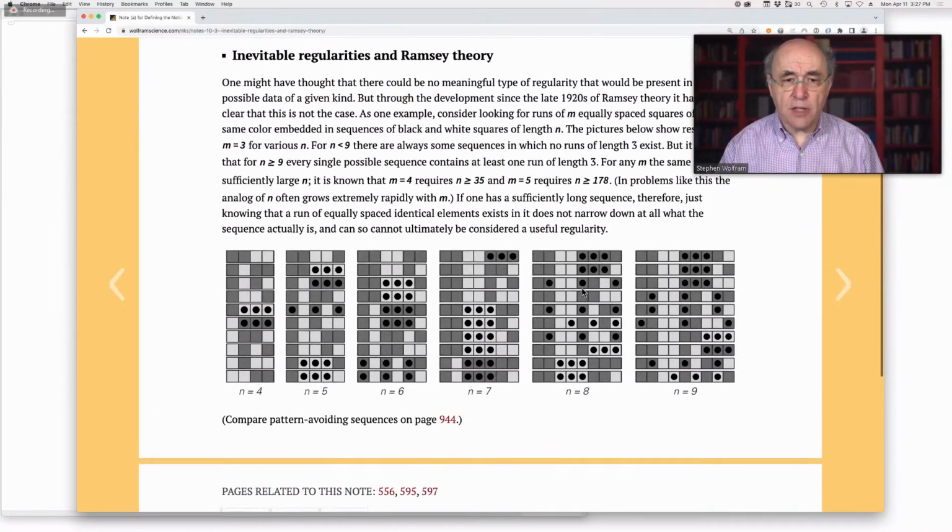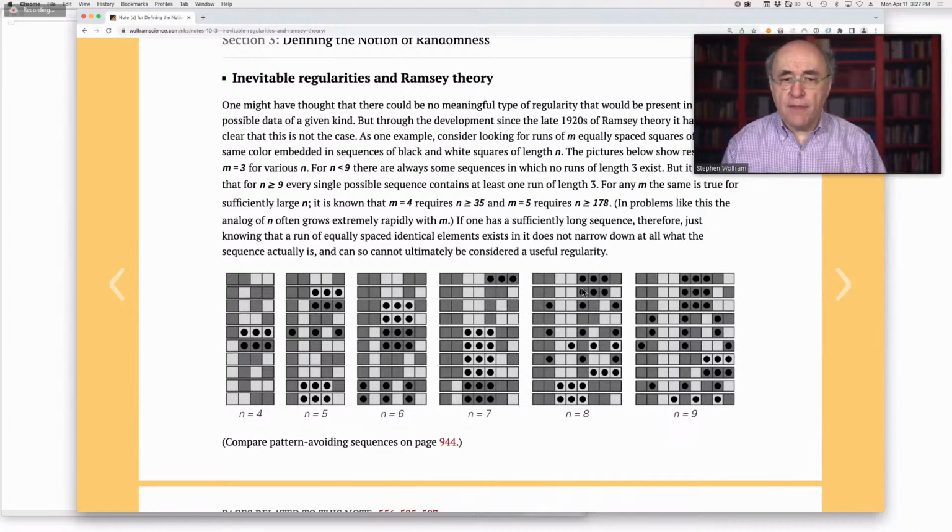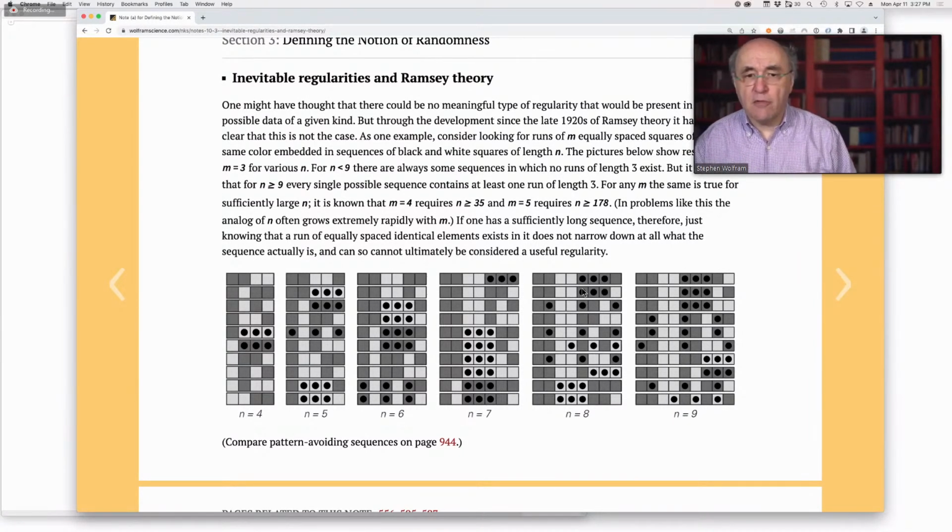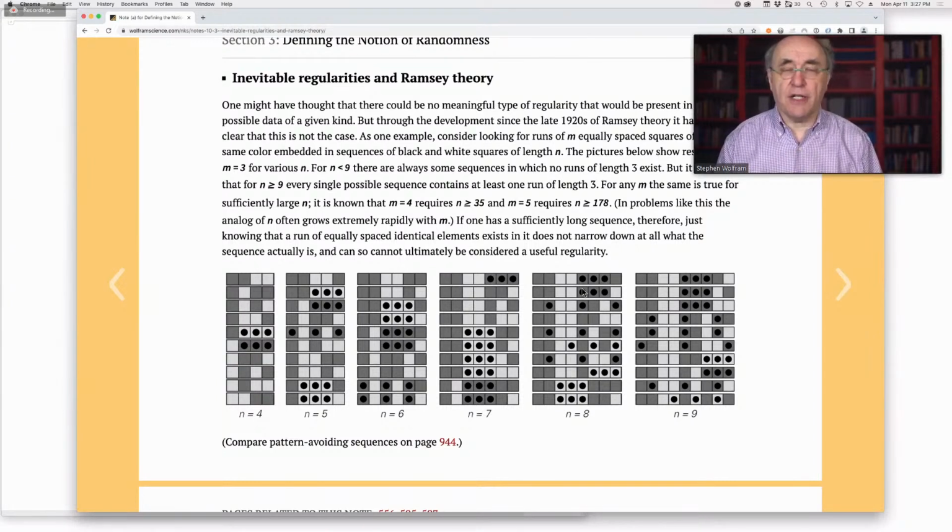I talk here about the question of, if you think you have something random and you see a regularity, is that regularity significant? A phenomenon in mathematics, Ramsey theory, is a case where there are certain kinds of regularities that you just can't get away from. They just have to happen. Even if things are perfectly randomly distributed, even if all possible cases occur, if you make the right definition for what you're looking at, there will be certain kinds of regularities which are inevitable.